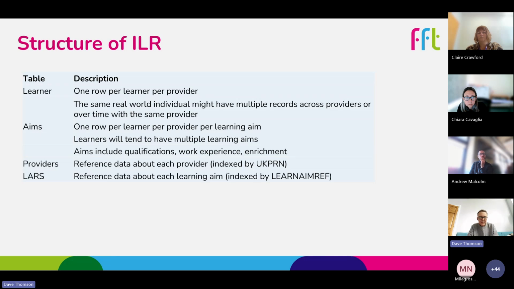So that tells us what people are studying, where and when. So there's 1 row per learner, per provider, per learning aim. Learners will tend to have multiple learning aims. They're mainly qualifications, but also include other things such as work experience and enrichment programs.